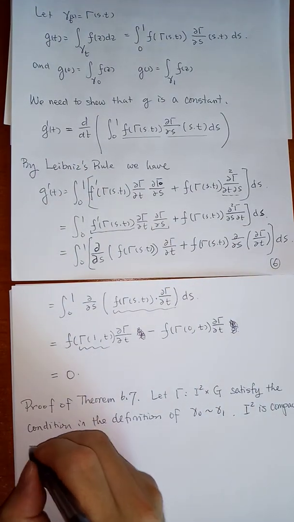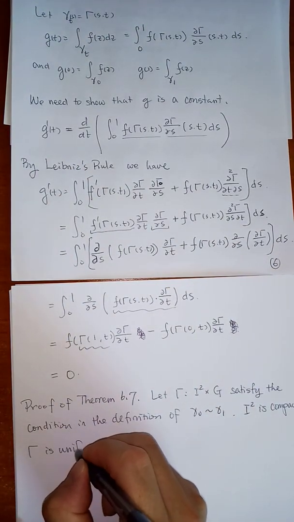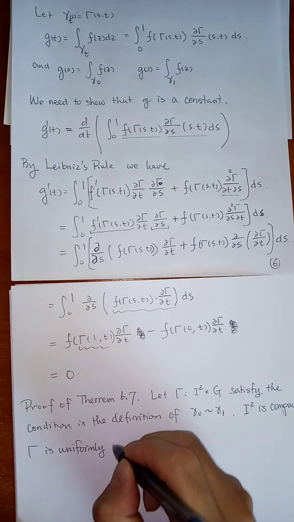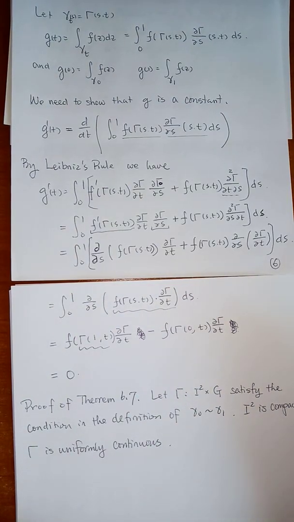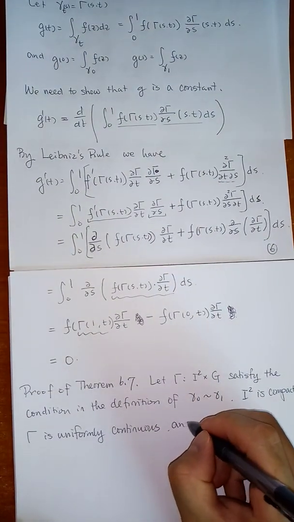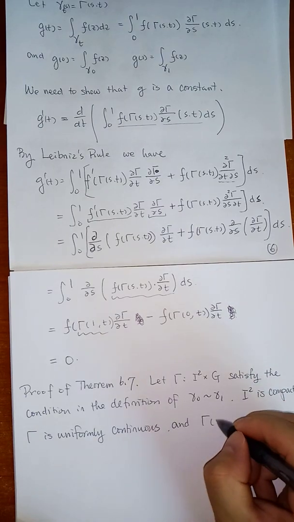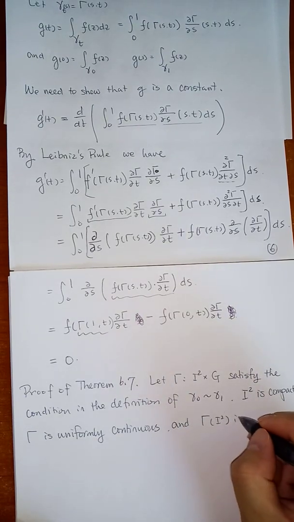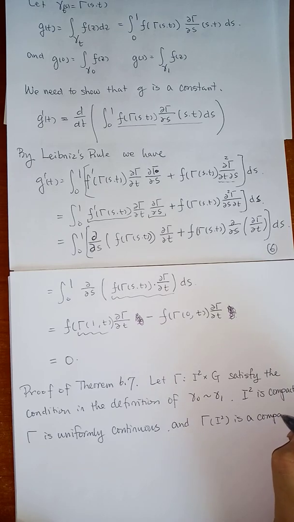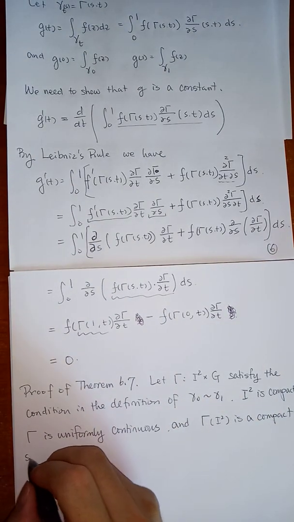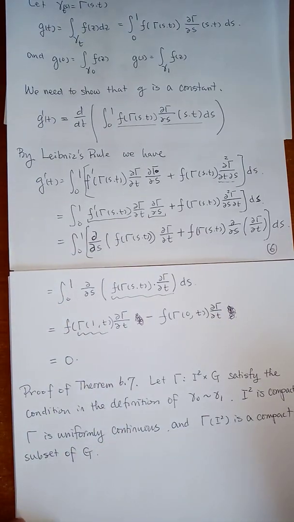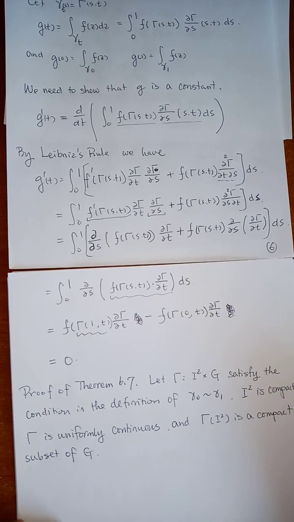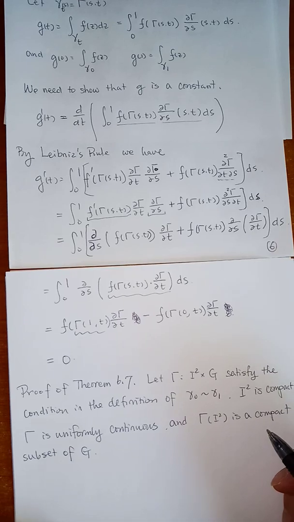Gamma is continuous, then capital gamma is uniformly continuous. And the image of the square under gamma is a compact set of G. The continuous image of a compact set is compact, so we use this property.